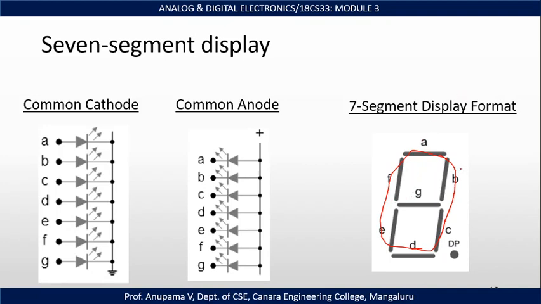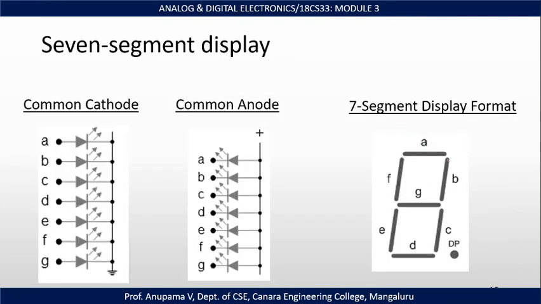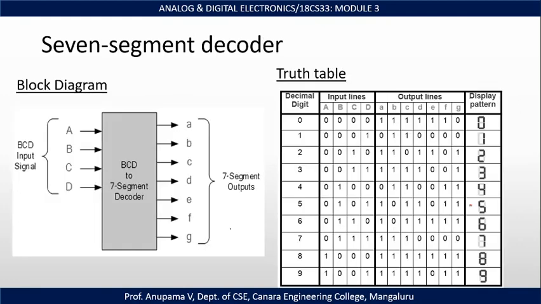LED a will glow, LED b will glow, LED c will glow, d will glow, e will glow, f will glow, but g will not glow. So in the truth table, the entry for g is 0, all the remaining entries are 1. How will you write 1 in 7 segment display? In this format, right? That means b and c will be set to 1, all other values are zeros.